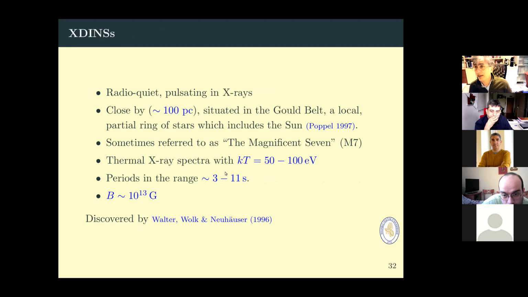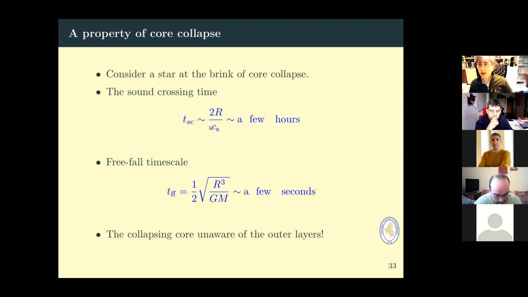They have periods matching the periods of the soft gamma ray repeaters and anomalous X-ray pulsars, but their temperatures are lower, and their estimated magnetic fields are an order of magnitude less. They were first discovered also in 1996. Now, why would there be any field burial if this is indeed working?